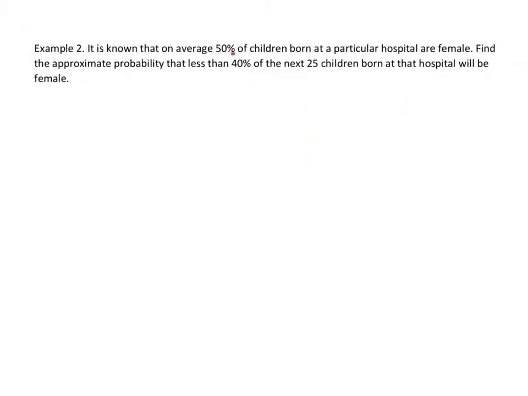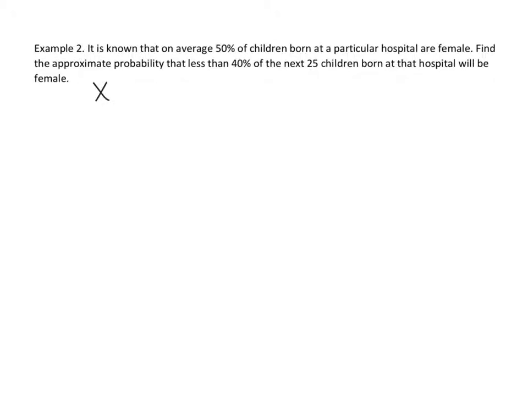So here we've got a similar question. This one has an assumed population proportion. We have an n value here, and we are looking for a probability that less than 40% will be female. So let's set up our problem here.